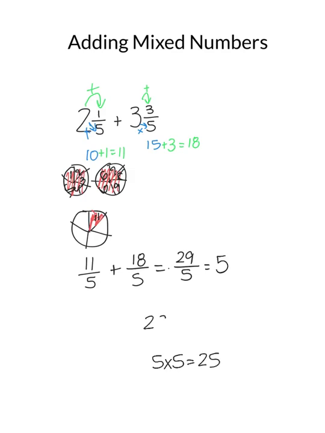So out of 29, I can take away 25, and how much is left over? Well, if I take out 5 wholes, I take out these 25/5, I'm left with 4/5 in the end. So 5 and 4/5 is my final answer.